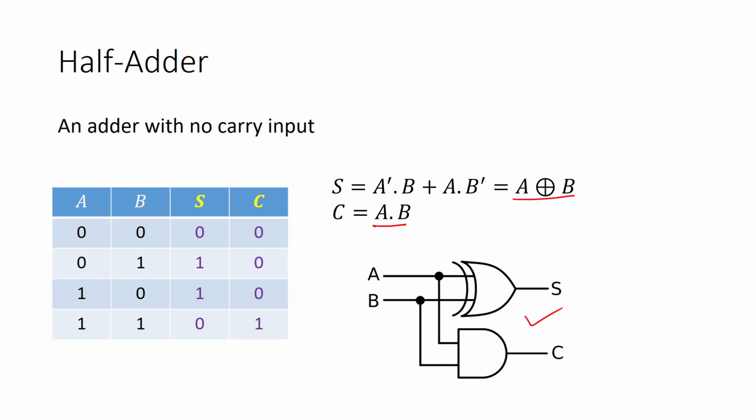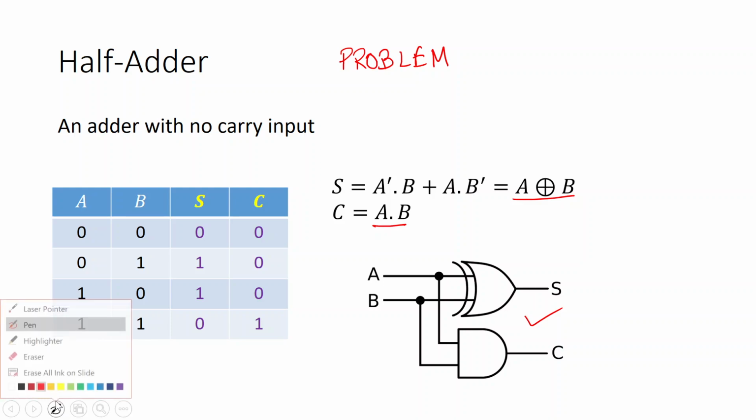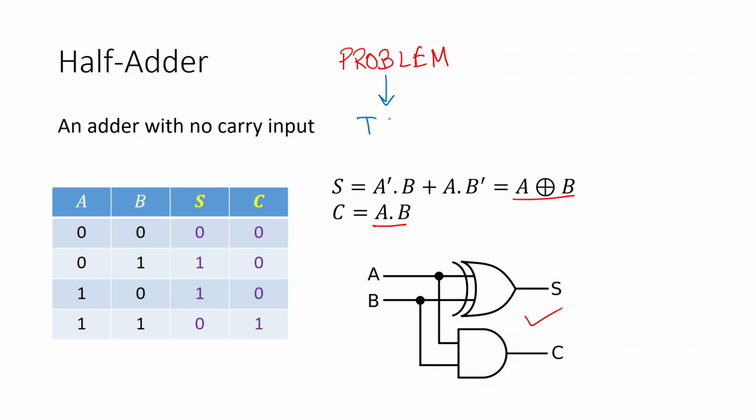But the fundamental thing is that given a problem, from that problem you have to figure out the truth table, and once you get the truth table, you will get a logic expression, and from there you will get a logic circuit. So that is the way to go. Always you will first start with understanding the problem.